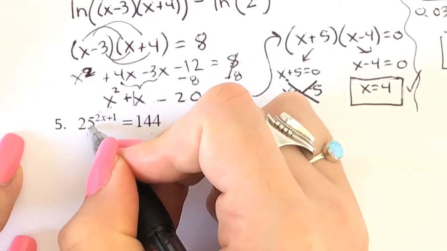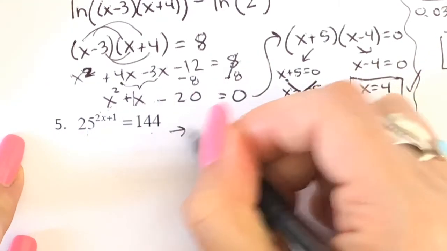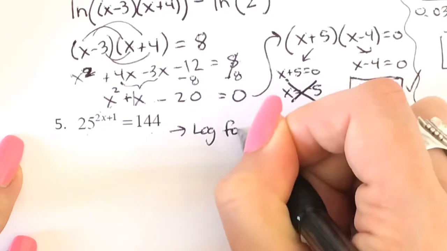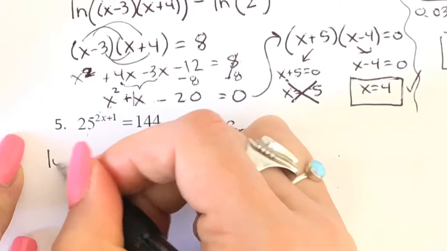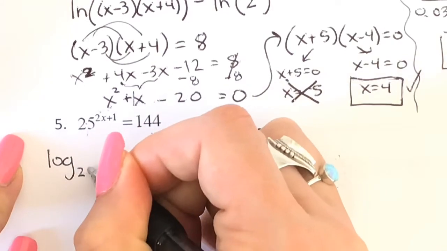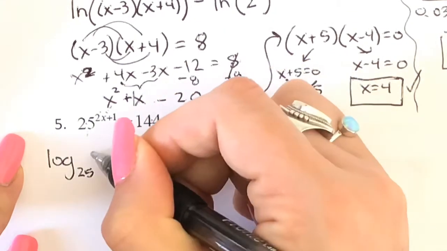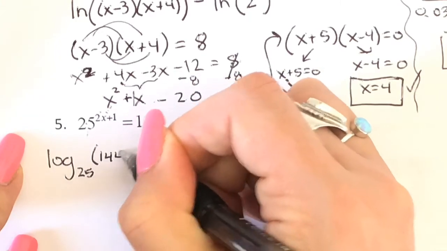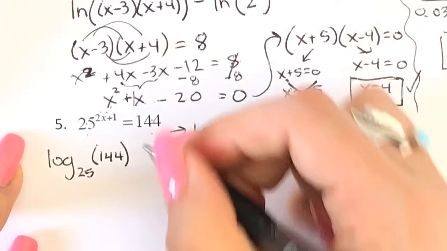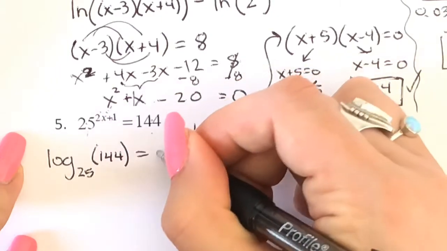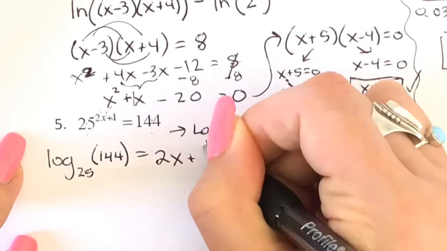We have a base of 25 here, so if I go to log form, we're going to have a log with a base of 25, so that's your little subscript, and then these two change places, so the 144 goes inside the parentheses in the logarithm, and then the exponent comes out to what it's equal to, 2x plus 1.